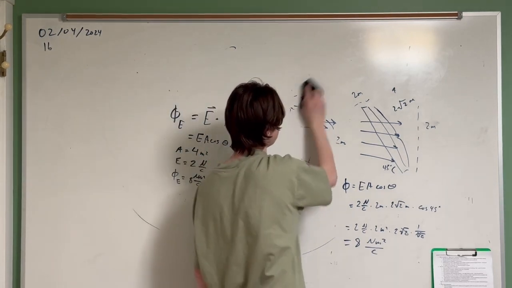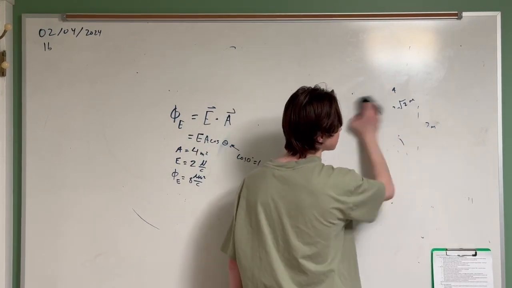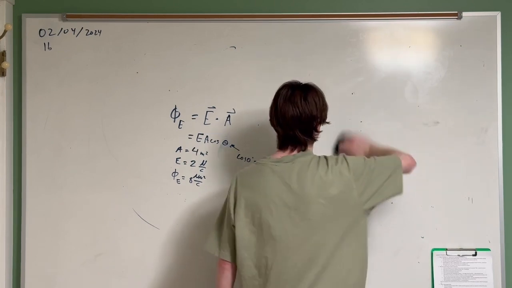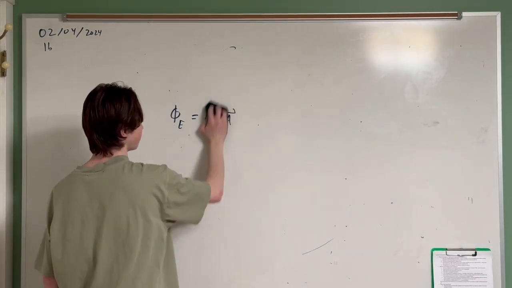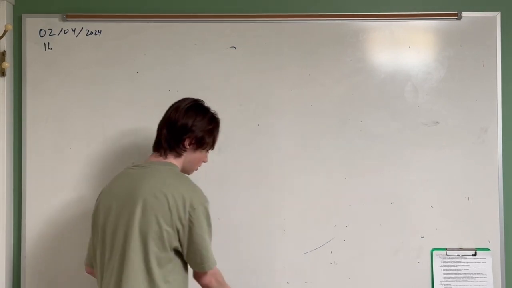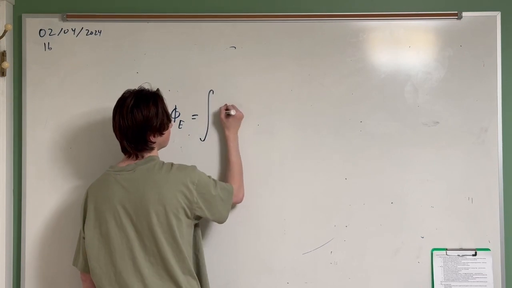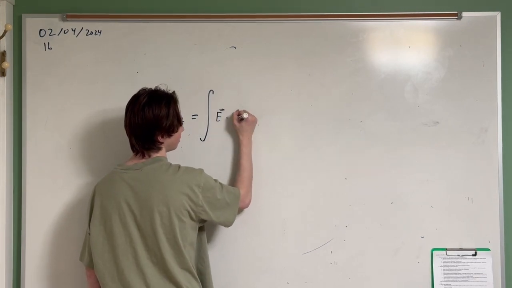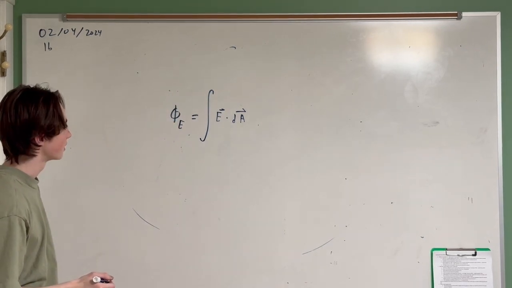Let's make a little bit of a more formal formula for electric flux. For any curved surface, electric flux is equal to the integral of E vector dot dA, where dA is a little differential area vector.